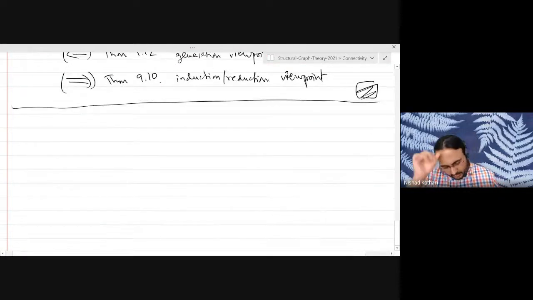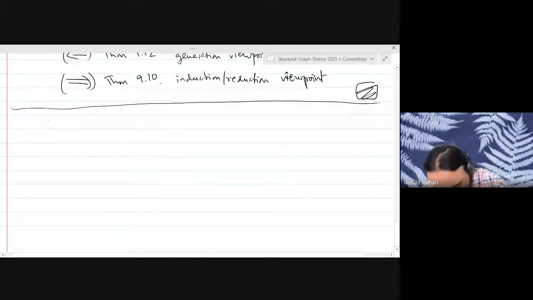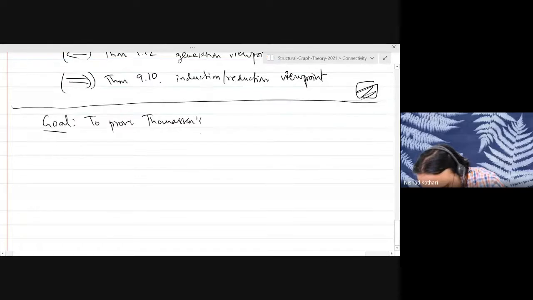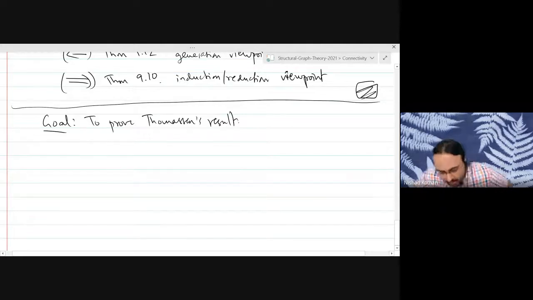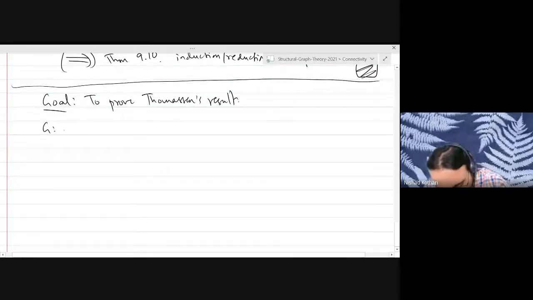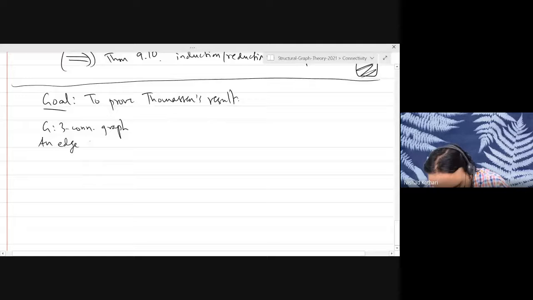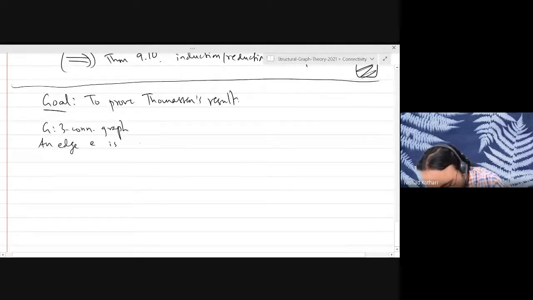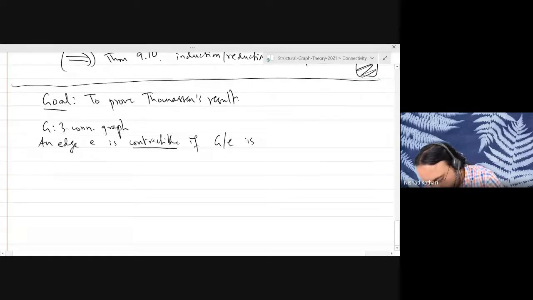Okay, so if there are no questions, then our next goal is to prove Thomassen's theorem. Okay, so for the sake of this discussion, we will say that if G is a 3 connected graph, then an edge e is contractible if G contract e is 3 connected.